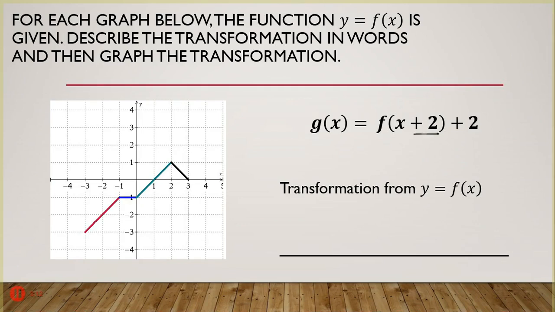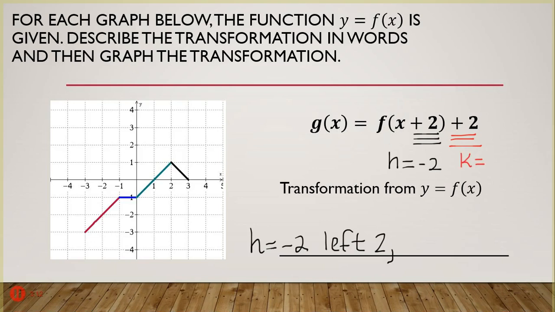So, because h equals -2, I need to shift the graph left 2. And then I also know that k is +2. So I need to also move the graph up 2. So let's do that.